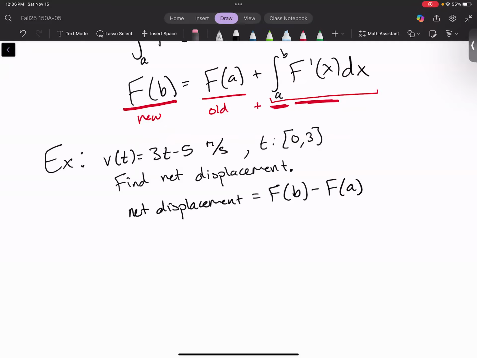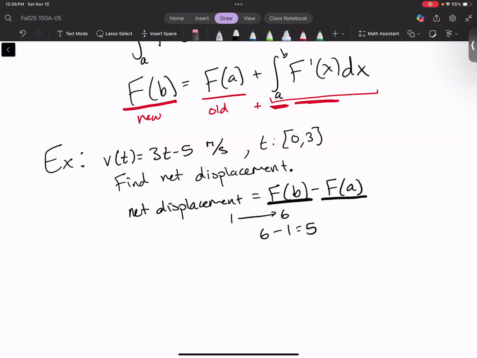Think about it on a number line. If I start at 1 and I go to 6, how far did I travel? Well, I traveled 5 units, let's say meters. You do your final position minus your initial position, and that gives you how far you traveled. Same thing here, just more generally: my final position minus my initial position.